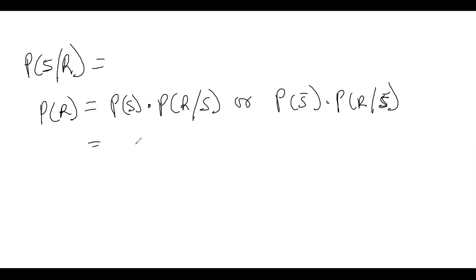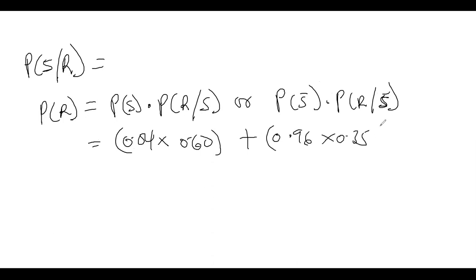So here, this will be 0.04 times 0.60 plus 0.96 times 0.35. So this will be 0.36, and this is essentially the total possibility that they have replaced their CEO.